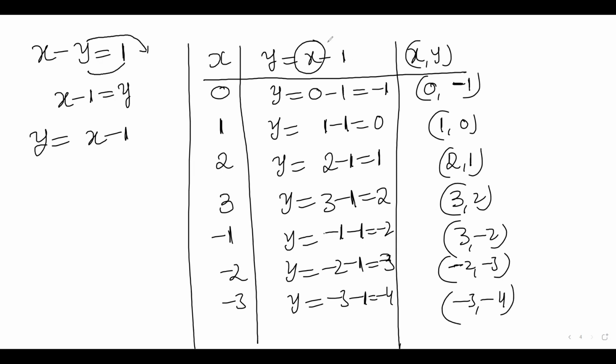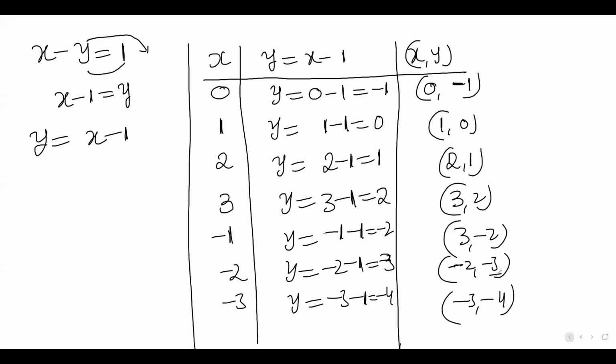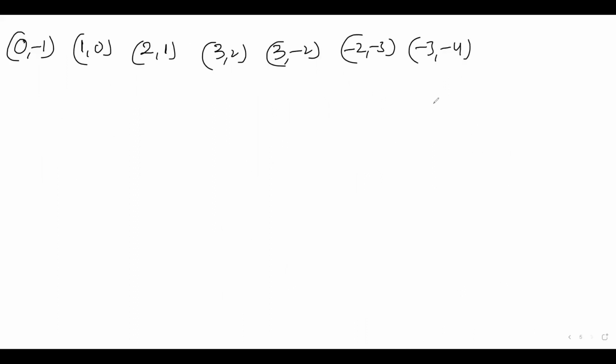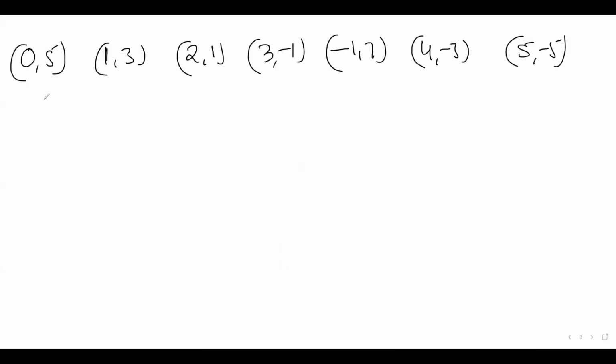So I got few positive values of y and few negative values of y. So let us write all these points. I have taken all these points and written them on the next page. So below the table, you should take all the points. Okay. Now we got the points of both the lines.